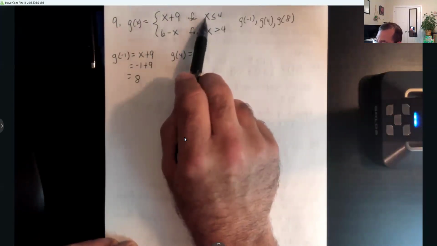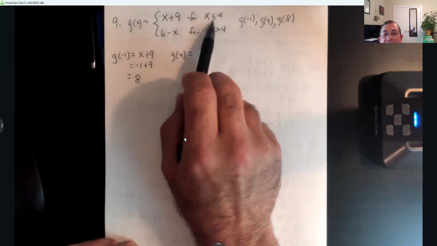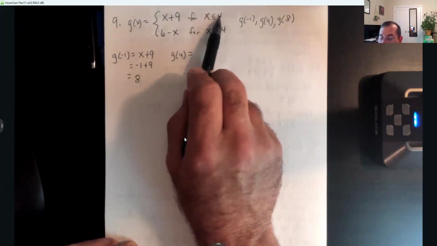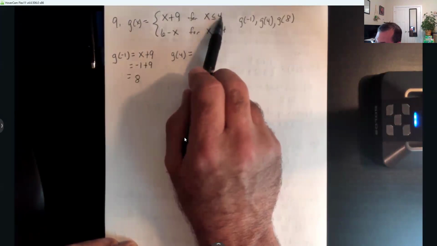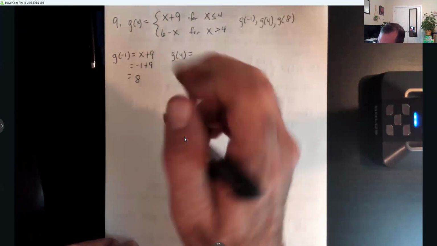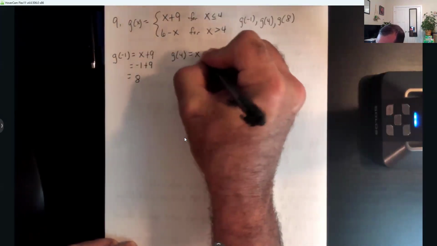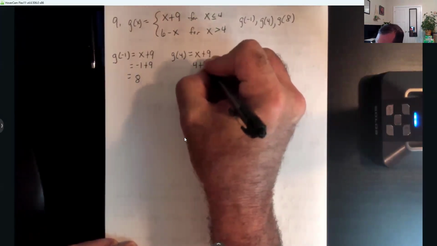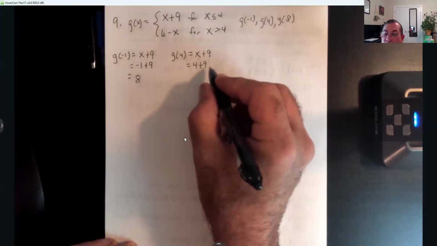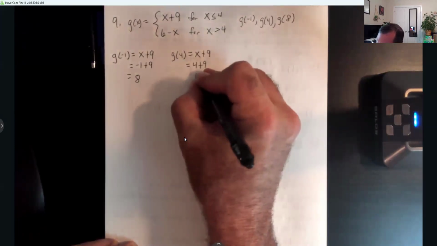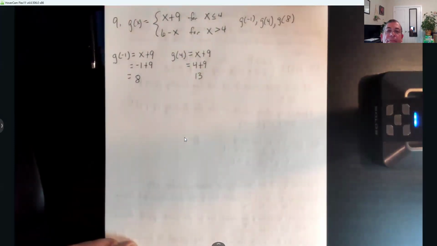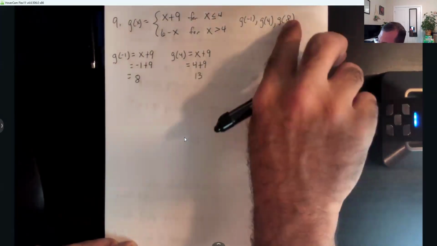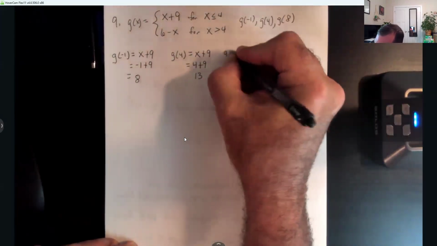So 4 is less than or equal to 4. Since 4 is equal to 4, I got to use the first equation again, which is x plus 9. I'm going to put a 4 in for the x. And 4 plus 9 will give us 13.